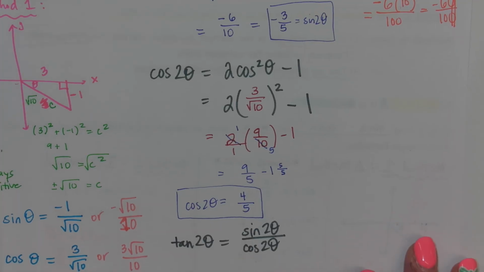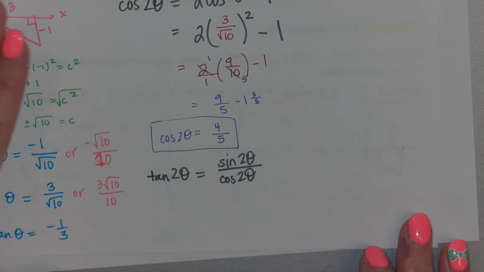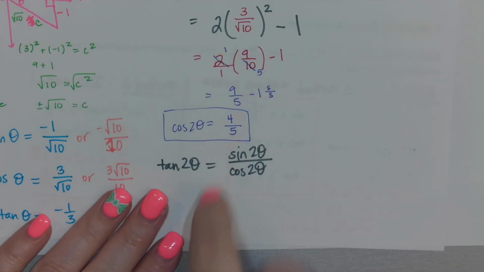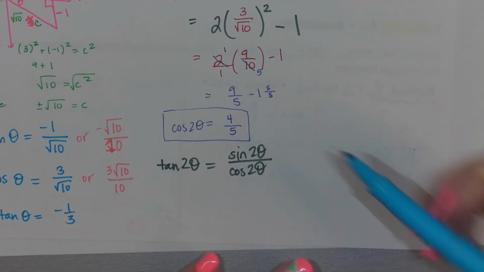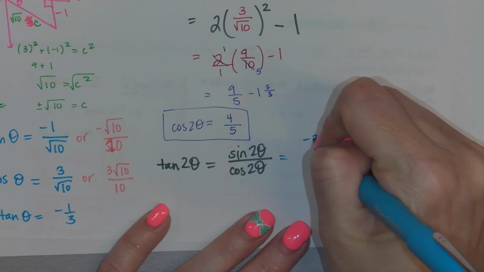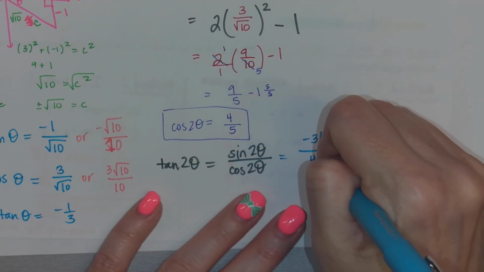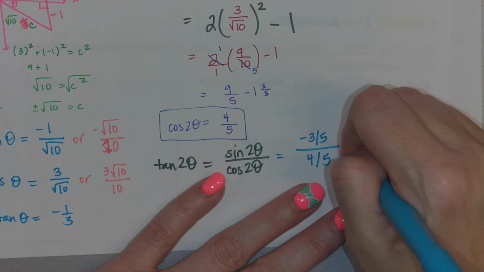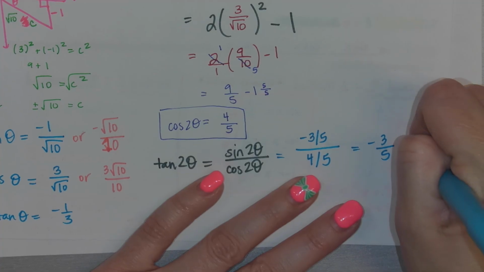And if that's the case, then it's quicker to just use your tangent formula. Okay, but if you are asked to find all three, all you have to do is take your previous answers and divide them. So your sine of 2 theta was negative 3/5. The cosine of 2 theta was 4/5. And then we just have to keep, change, flip.